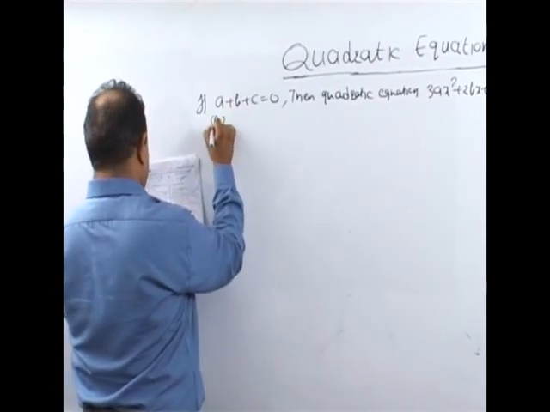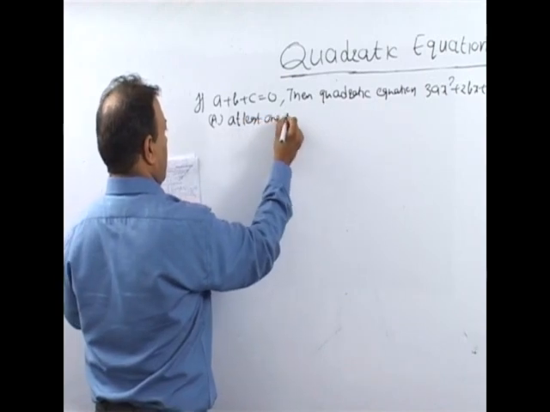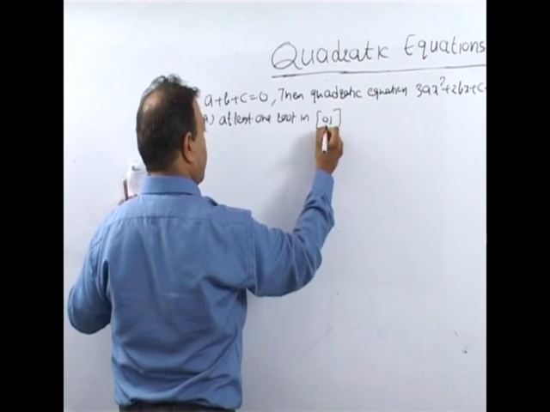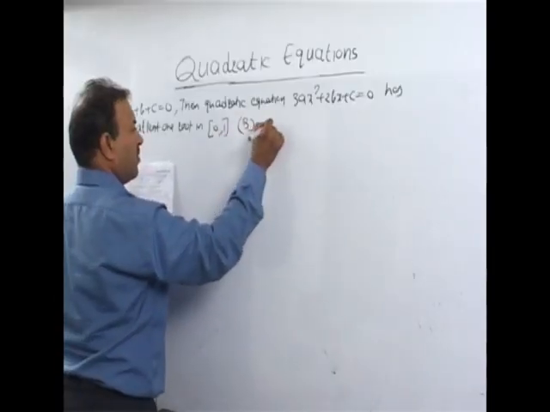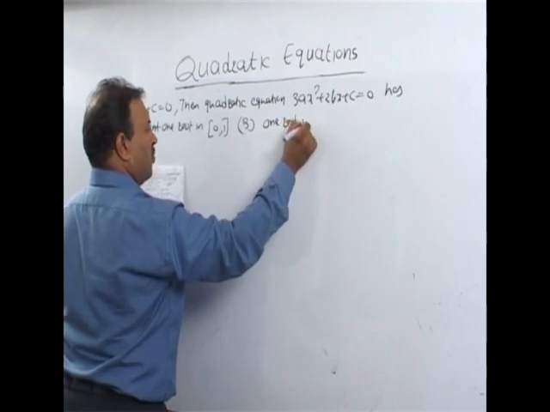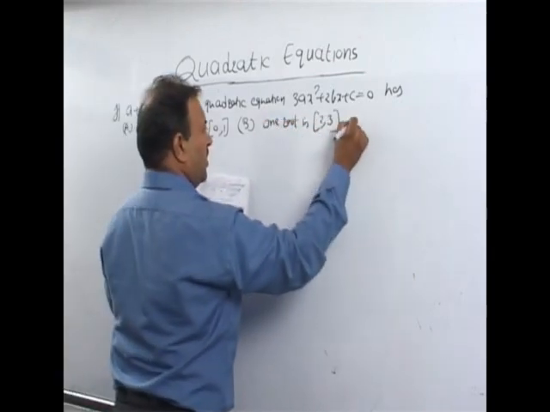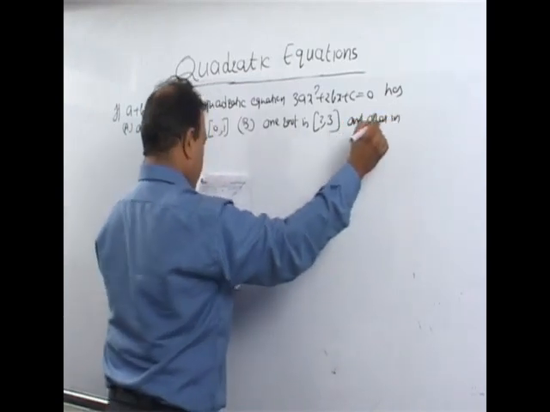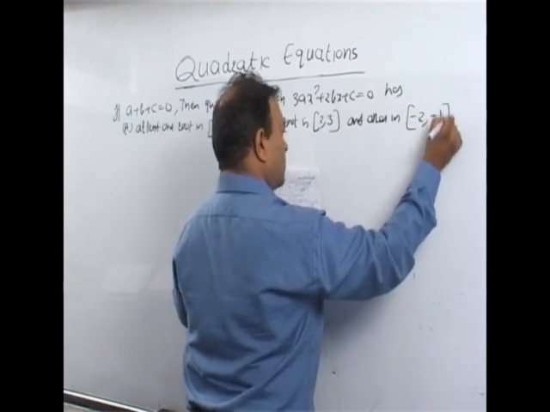A option is given as at least one root in (0, 1). B option is one root in (2, 3), and other in (-2, -1).